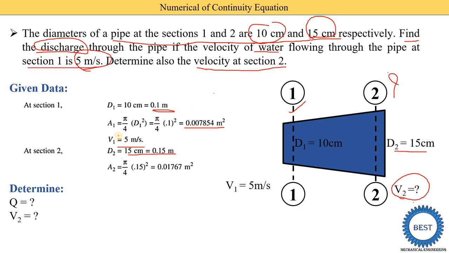Here A1, V1 and A2 are given, so we are able to find out V2 by using the continuity equation. Now how to find out the Q? Q is equal to area into velocity. At the inlet the area is given as well as the velocity. So we multiply these two things and we are able to find out Q.